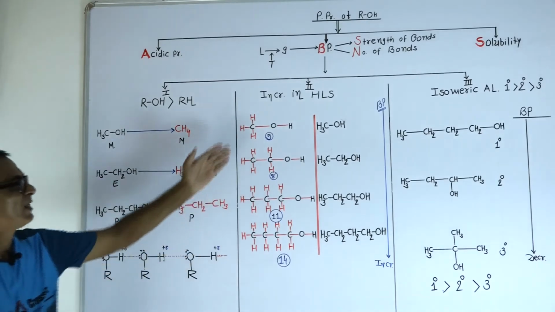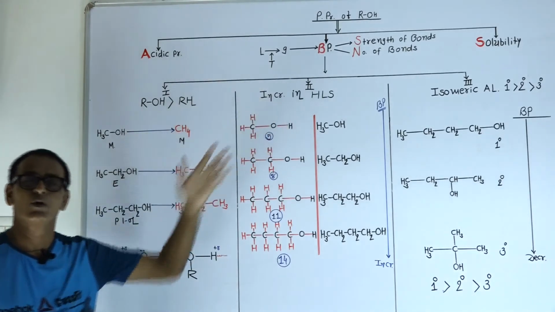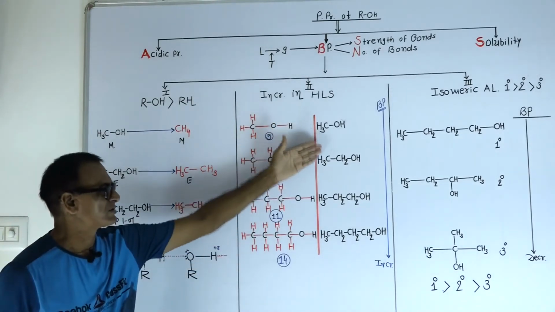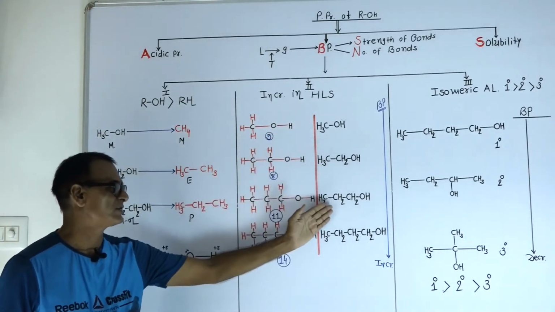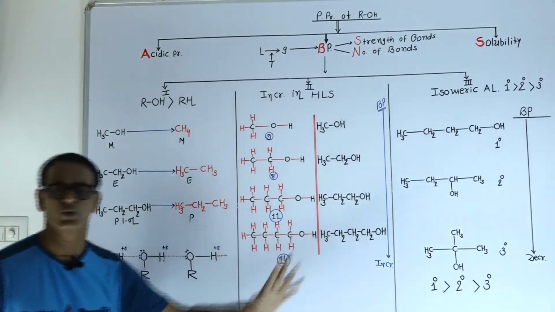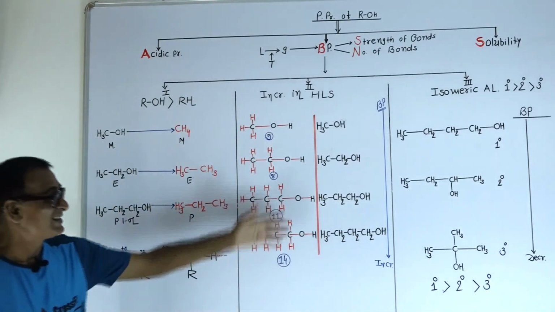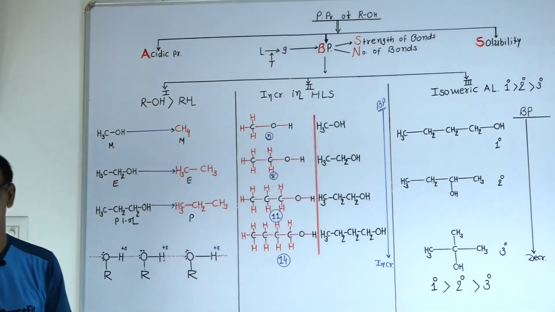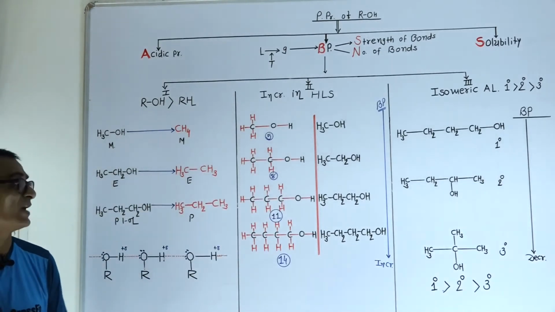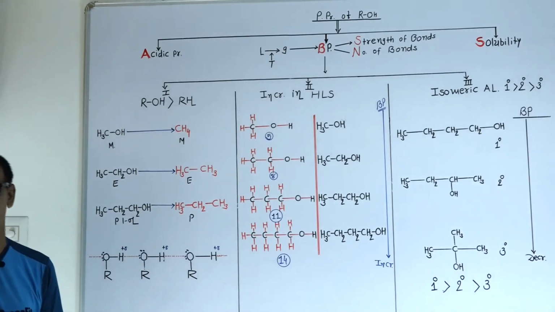Second one, increase in homologous series. CH3OH, CH3CH2OH, CH3CH2CH2OH, then CH3CH2CH2CH2OH. This is the homologous series of alcohol. Homologous series means a group of organic compounds having the same functional group.